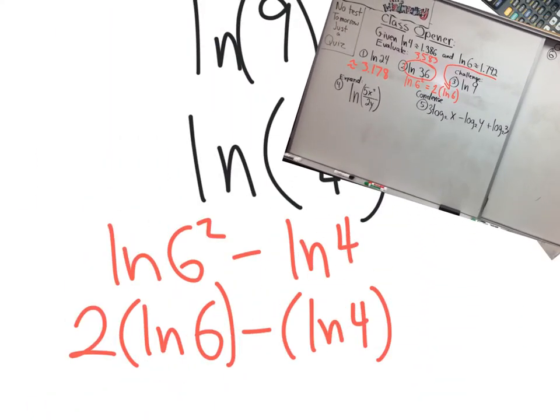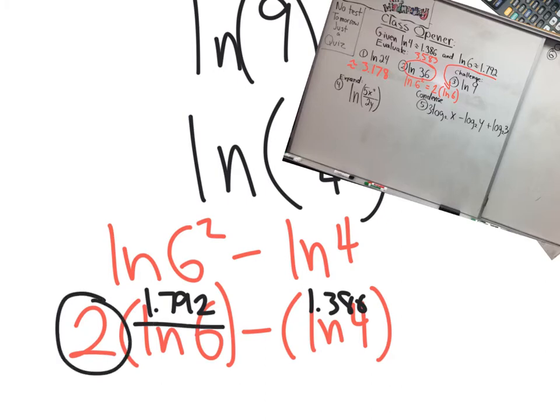So you're really going to have the ln of 6, which is 1.792, and the ln of 4, which is 1.386. So if we did multiply 2 times 1.792 and then subtract 1.386, we'll get our final answer for number 3.